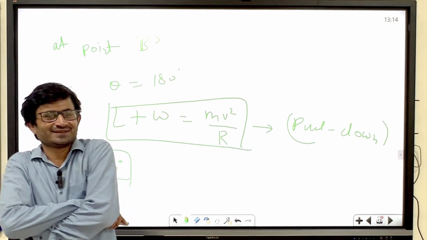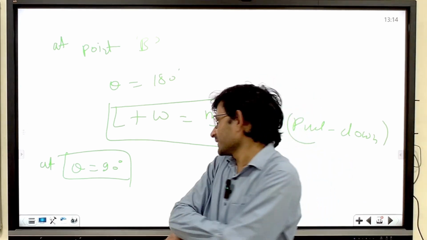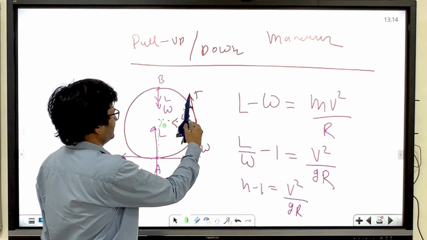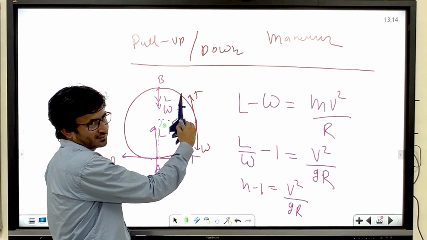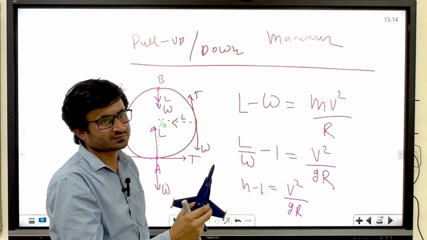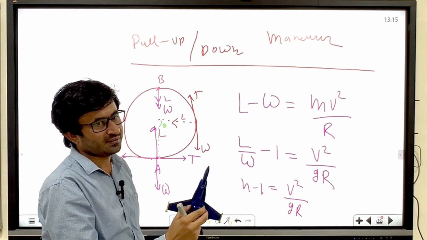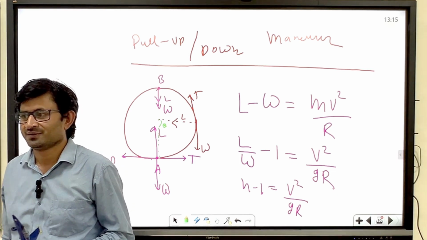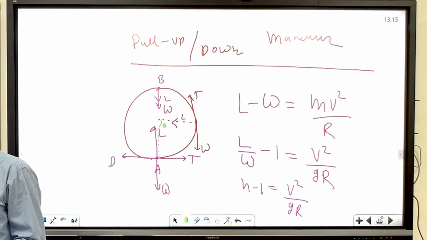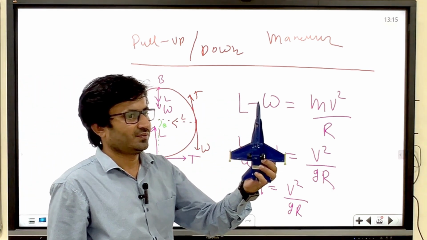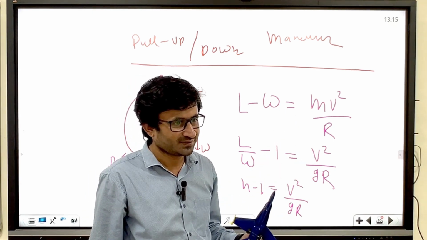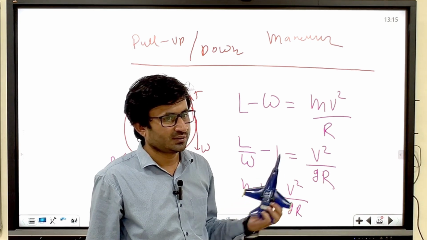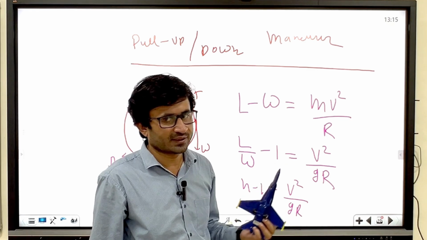So what is the scenario of this case? How will the direction of 90 be? The direction of 90 will be this, right? So exactly lift will be mv square by r. And what will the thrust be? Equal to weight. So you have made a kind of rocket, if you look here, thrust equal to weight. Okay, now the thrust will be equal to drag plus weight. Okay, so no W component is contributing in the mv square by r case.